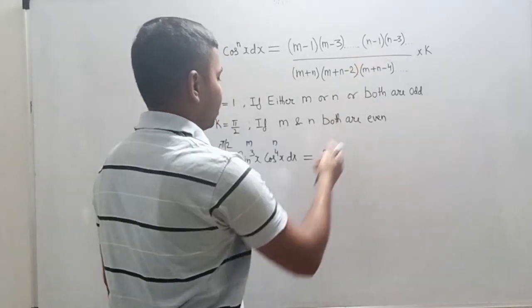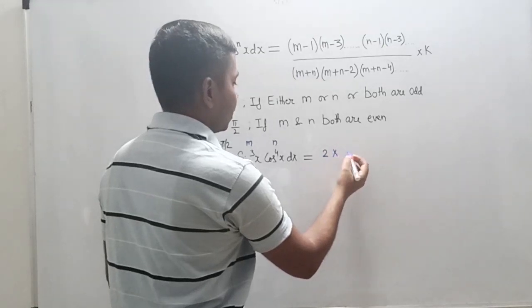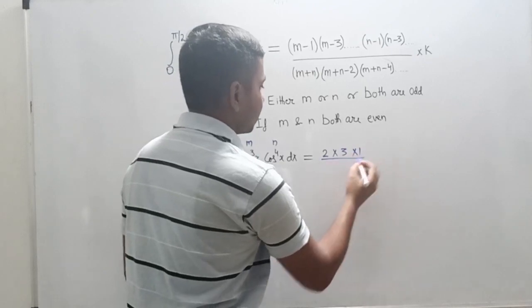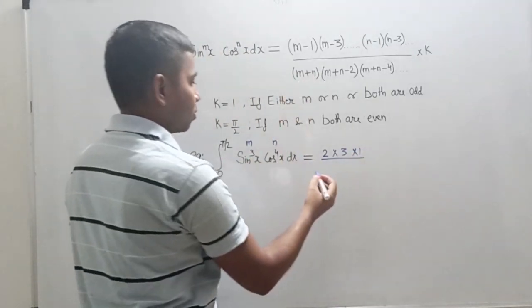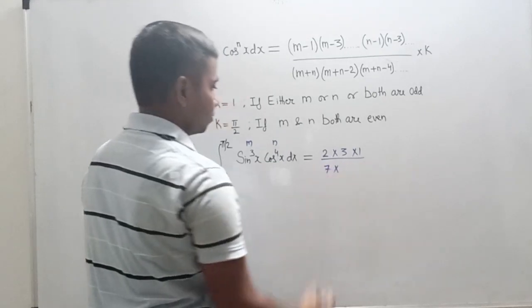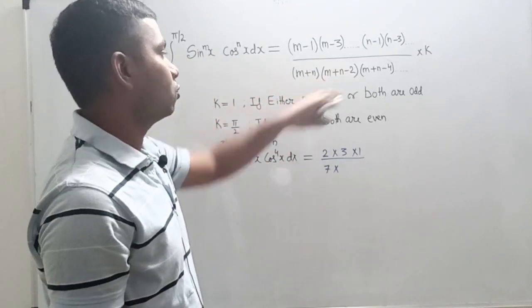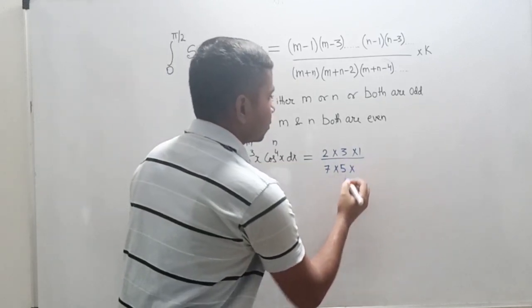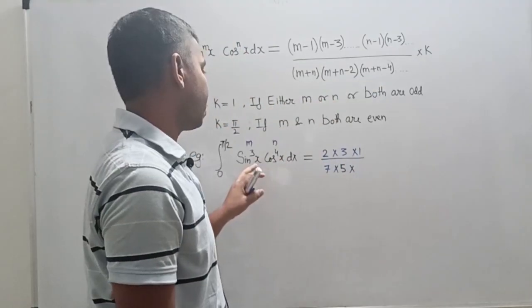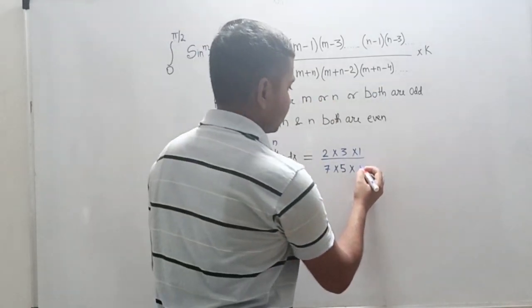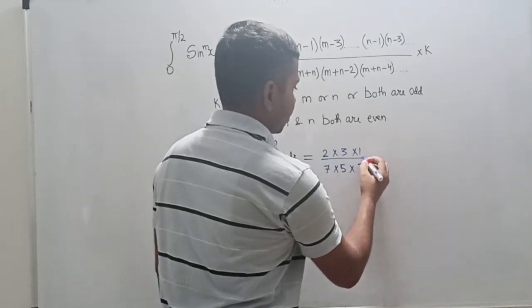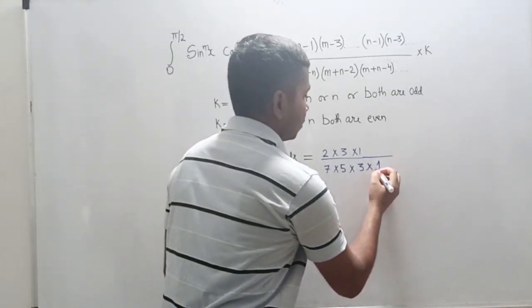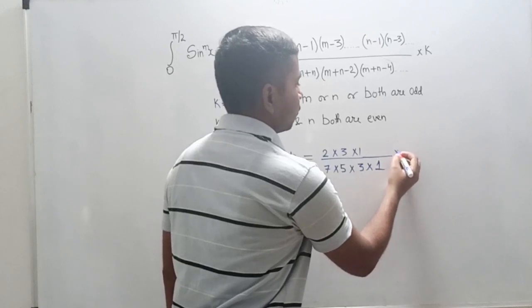Again n minus 1, that is 3, then n minus 3, that is 1, divided by m plus n, so 4 plus 3, 7, into m plus n minus 2, that means 7 minus 2, which is 5, then m plus n minus 4, that is 7 minus 4, 3, then we write 7 minus 6, which gives 1, and the k value will be 1.